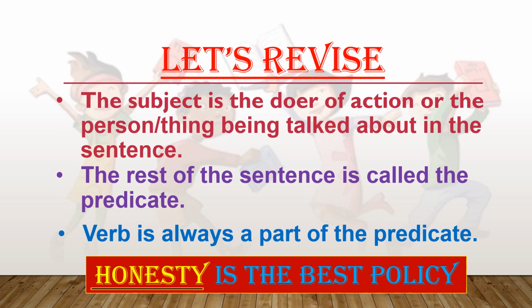Is the best policy. So is the best policy is the predicate here. And it is starting with the verb, that is. I hope you all have understood what the subject and predicate in a sentence are.